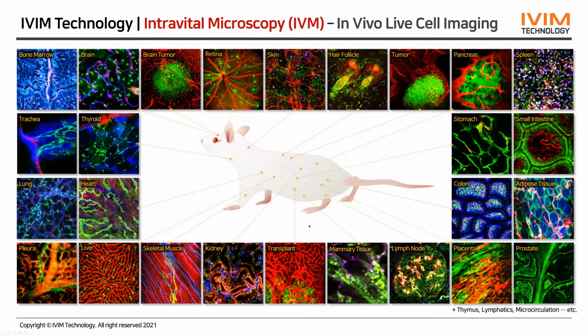In addition to this, we can also see the blood vessel, the microcirculation, and also the lymphatic drainage. So almost all organs and tissues can be imaged and visualized in vivo with very high resolution, as you can see in this slide.